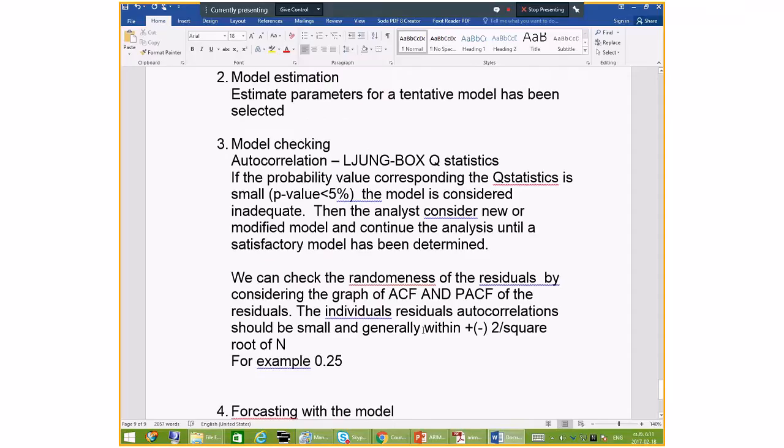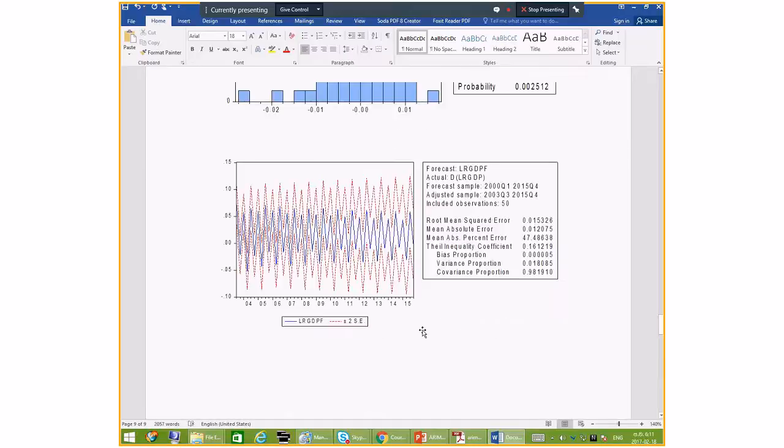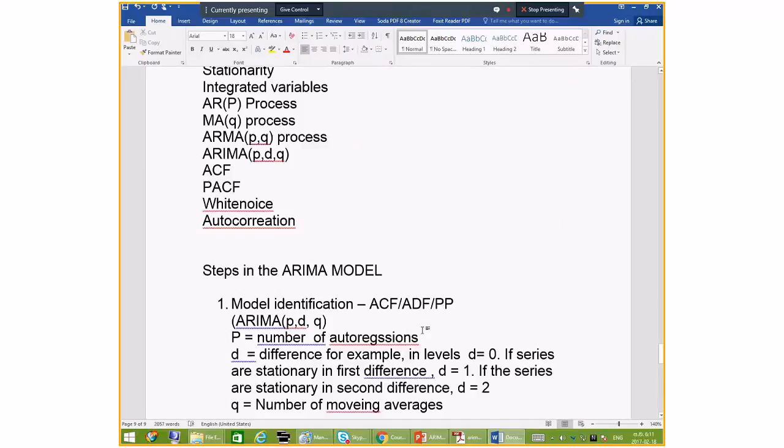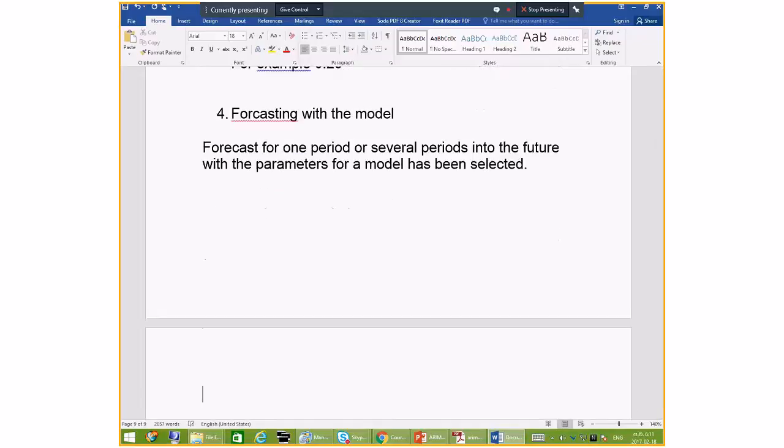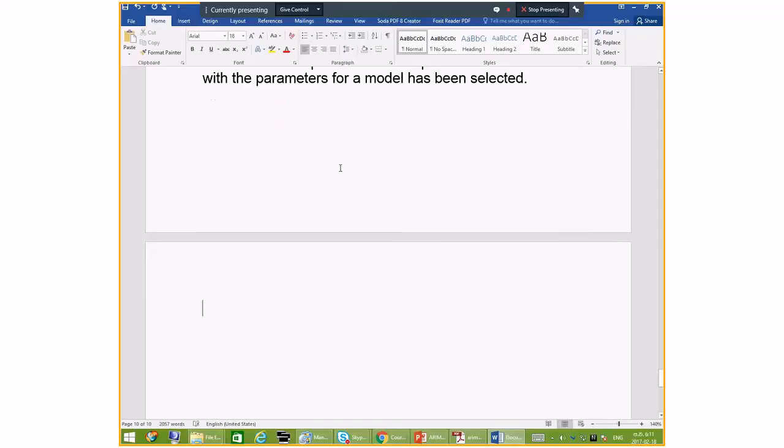Right, so this is the method for forecasting sales, or forecasting future prices, or forecasting future GDP, whatever. Then these are the discussion questions.